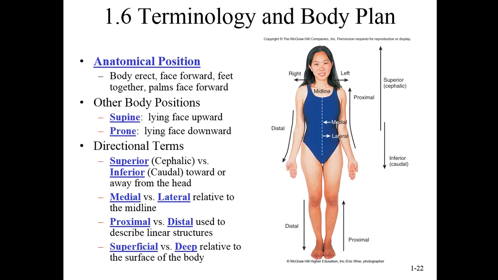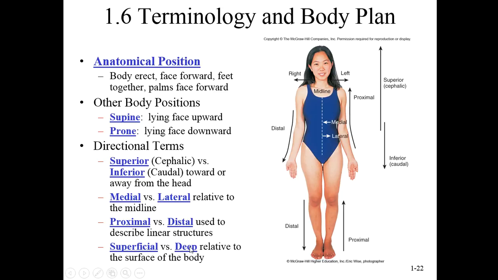For example, your earlobe is lateral to your nostril, or your belly button is medial to your hip bone. A couple of other directional terms we didn't talk about too much are these ones right here, superficial and deep. Superficial means towards the surface, and deep means away from the surface.